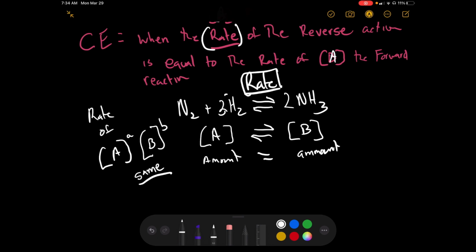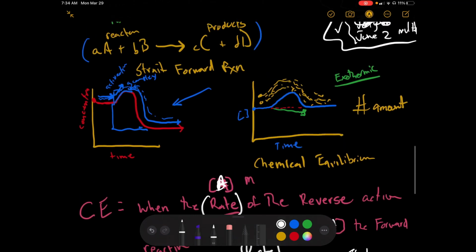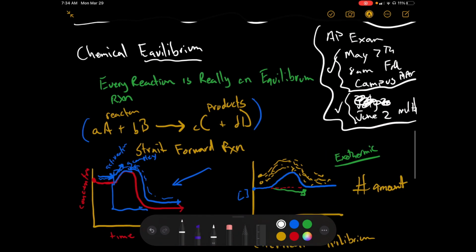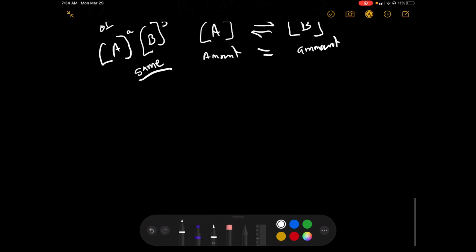It's going to reach this place where it remains the same. And so next video, we're going to talk about the difference between the concept of static equilibrium and dynamic equilibrium. So hopefully that led you into a process of what chemical equilibrium is all about.